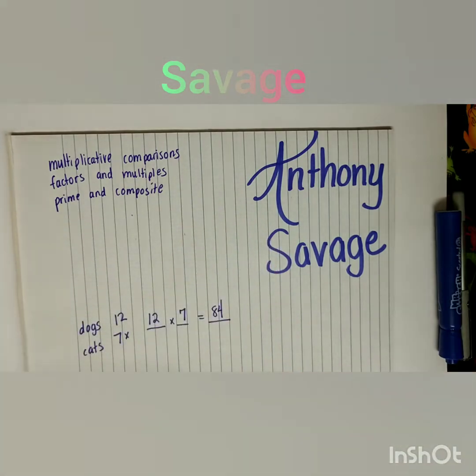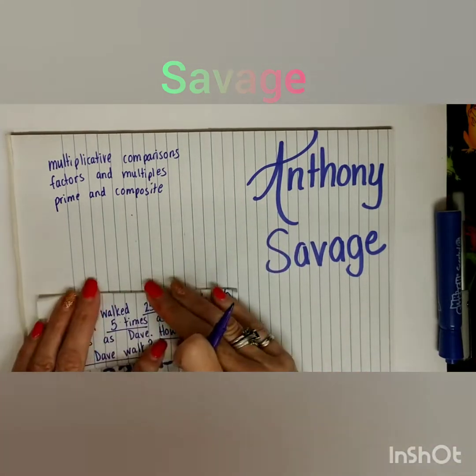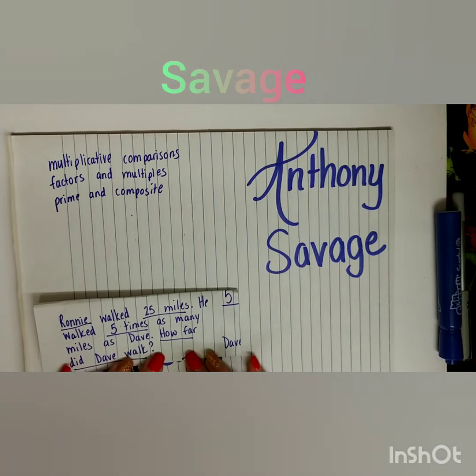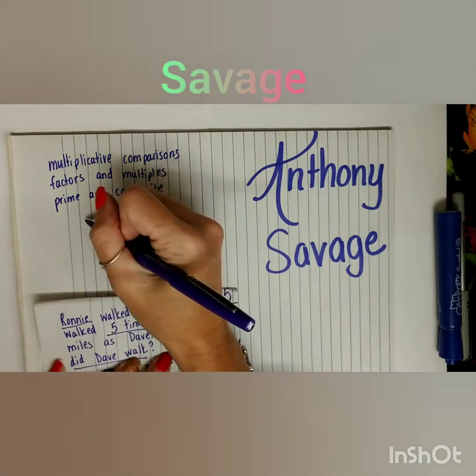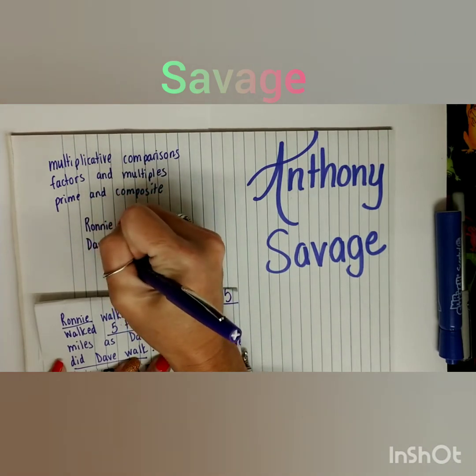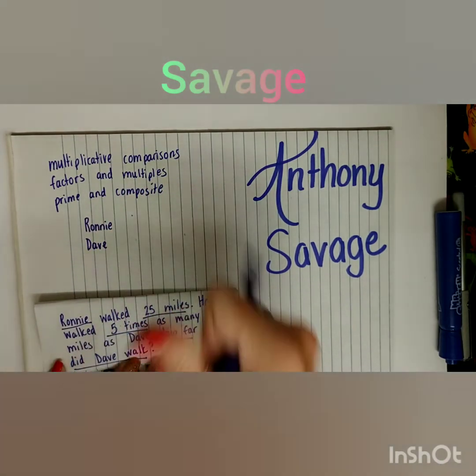All right, let's look at our next multiplicative comparison. Ronnie walked 25 miles. He walked 5 times as many miles as Dave. How far did Dave walk? First, text code, which is done. Then I determine what I'm comparing: Ronnie and Dave. Then I write my numbers. Ronnie walked 25 miles.